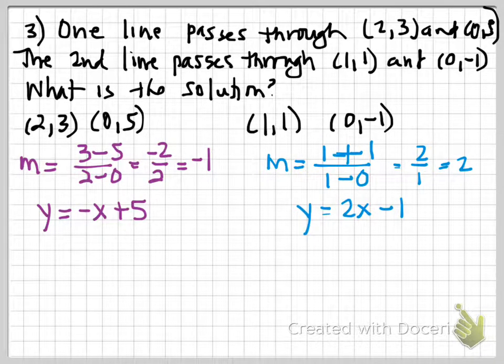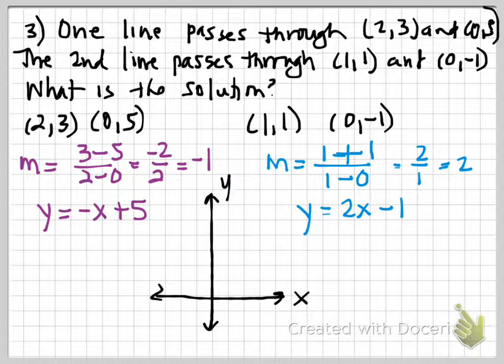So to graph, I'm going to go to where, on the purple side, the y-intercept is 5. And I'm going to go down 1 and to the right 1.